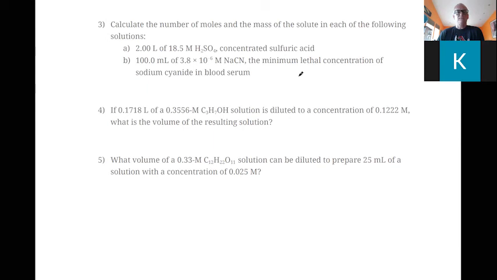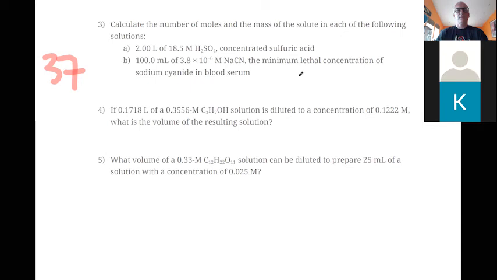I got 37. Just 37? Yes. Okay. 37 moles. Any other answers? Is that right? Just 37? I got 9.25.